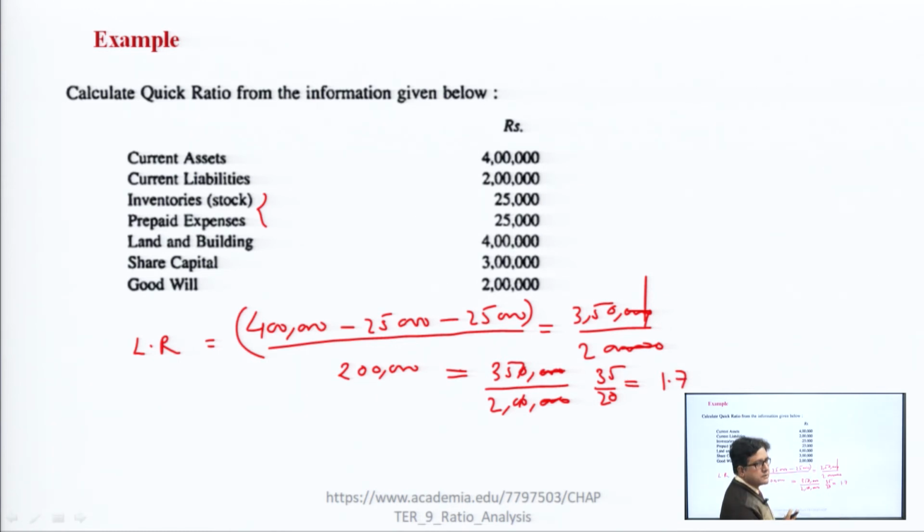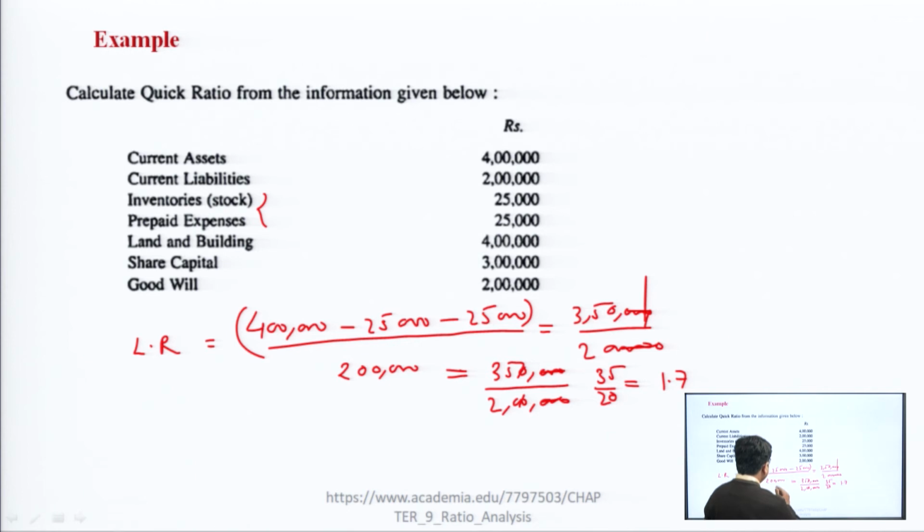It is 1.7. The position of the firm is 1.7. It's good. It should be 1.1 but it is 1.7, slightly more, but it's good. The liquidity position of the company is good.